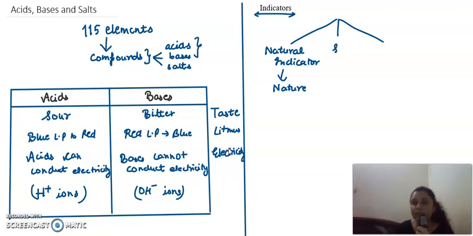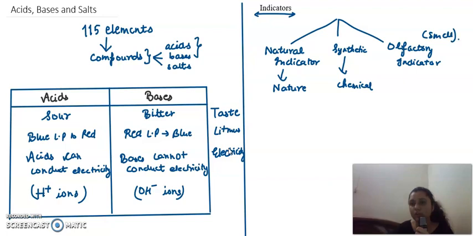The second one is synthetic. Synthetic means man-made or from chemicals. These are some chemicals we have in the form of synthetic indicators. The third one is olfactory. Olfactory indicators are those which depend on smell. Olfactory basically means related to smell.